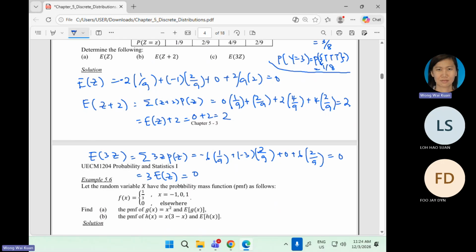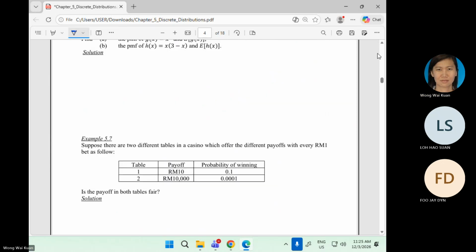Alright? Then, when my X is 0, I get that X squared is 0 also, right? So when my X is 1, my g(X) is 1 also. So that means my g(X) can only take 2 values. Okay?